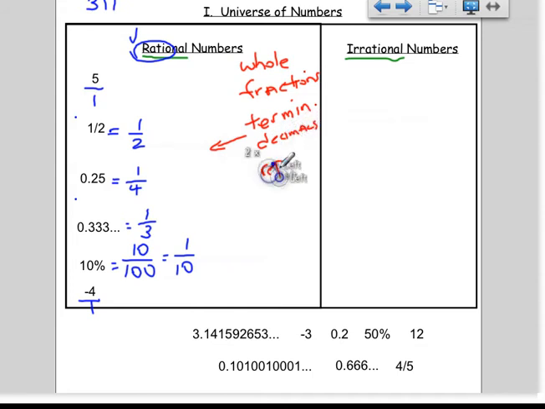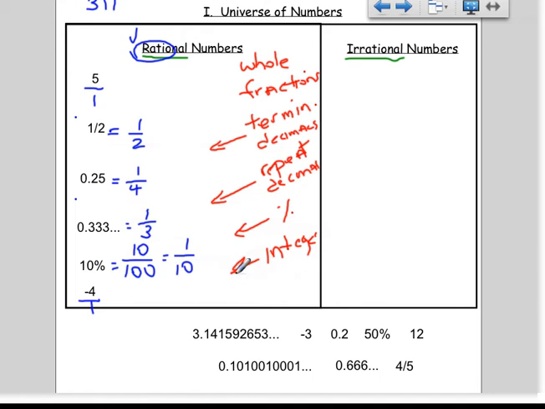You see repeating decimals, like 1/3 or 0.33333, because it can be expressed as a ratio. You see percents, because that can be expressed as a ratio. And you even see integers, like -4. All of these are rational numbers because they can be expressed as ratios.